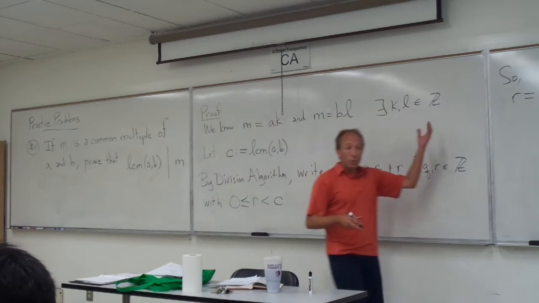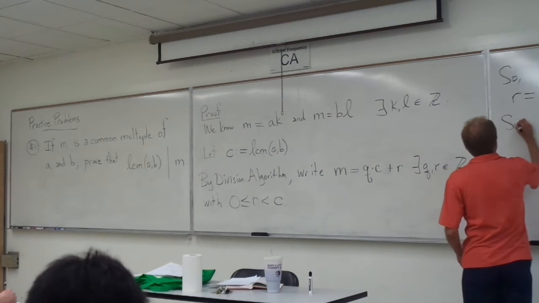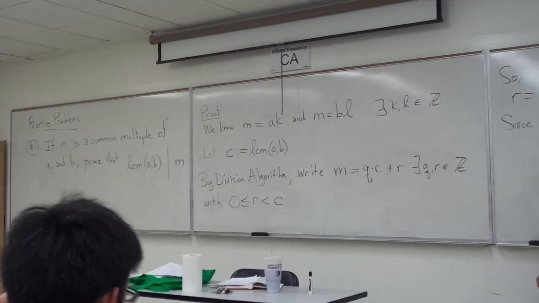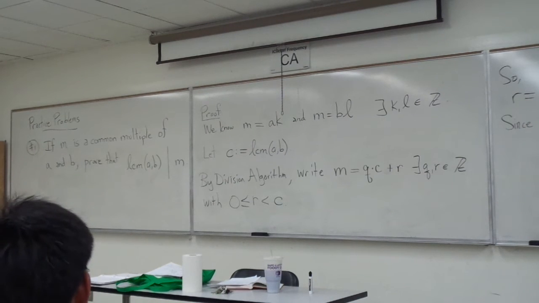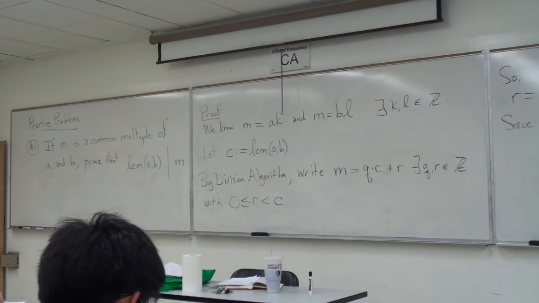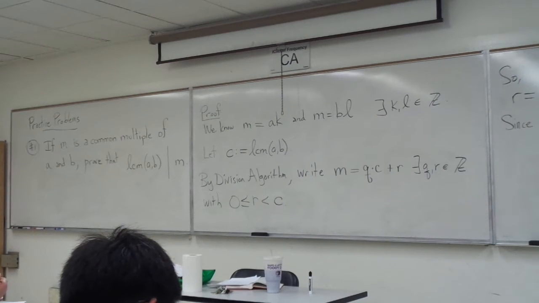So therefore, r is a multiple of a. So since m and c are multiples of a, r is a multiple of a. So I could actually just write it this way. R is a multiple of a.